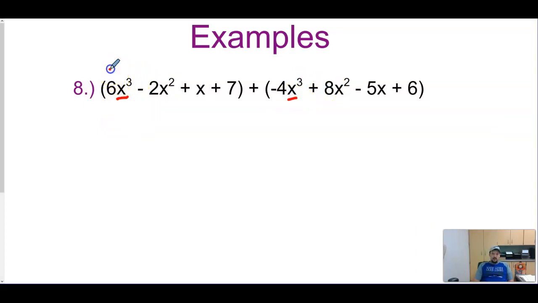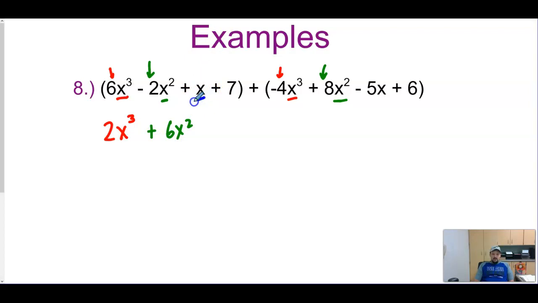So we're going to do 6 plus negative 4, which gives me 2. So we have 2x cubed. Okay, next I have an x squared and an x squared, and I have a negative 2 plus positive 8, which gives me a positive 6x squared.